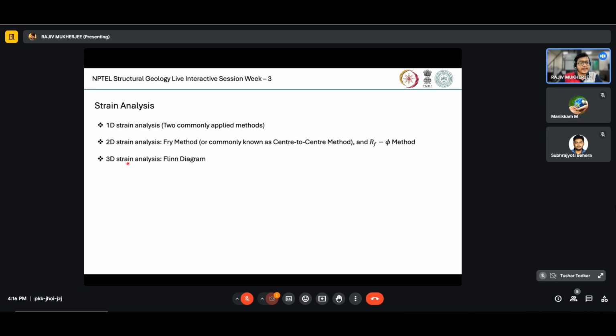Whereas for a 3D strain analysis, like the Flynn diagram, the main purpose of this analysis is to understand the nature of deformation, whether it is a constrictional strain regime or whether it is a flattening type strain regime or it is a plane strain condition.